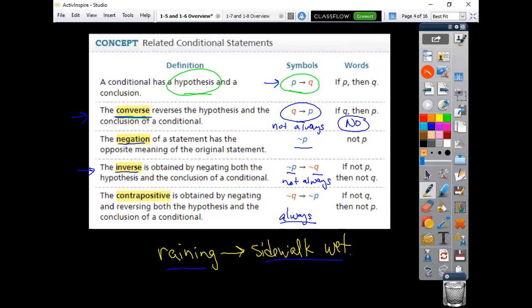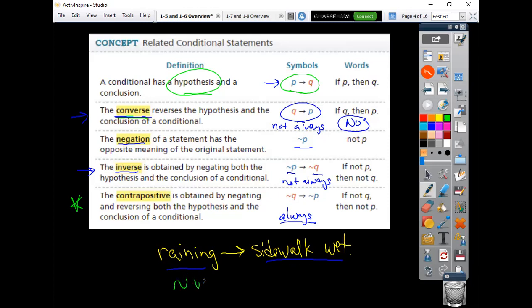However, let's take a look at the contrapositive here. If the sidewalk is not wet, and remember I said there's no obstruction to the sky, then it's not raining. When you do not, it's like this little tilde in front of it.